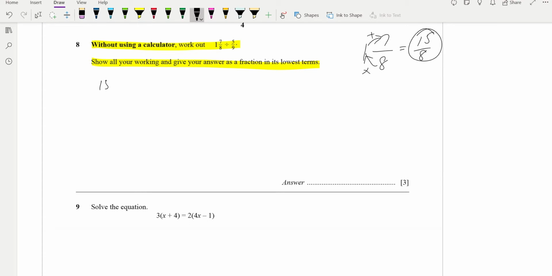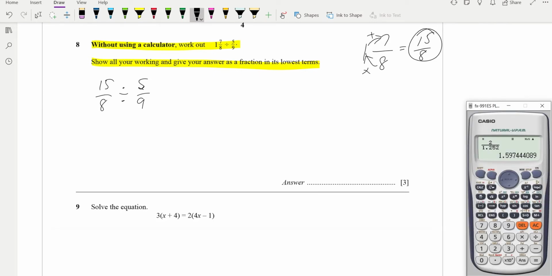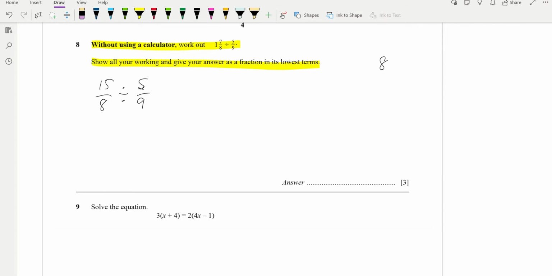We can use a calculator to check: if we take one whole 7 over 8 and press equal, we'll get 15 over 8. This is how we can check that our conversion is correct or not.